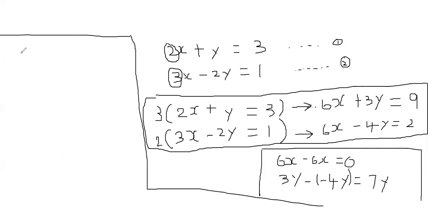So we have, using the first equation, 2x plus y equal 3. So we find for x. Wherever we see y, we make the substitution. So y we have as 1. So wherever we see y, we put 1.